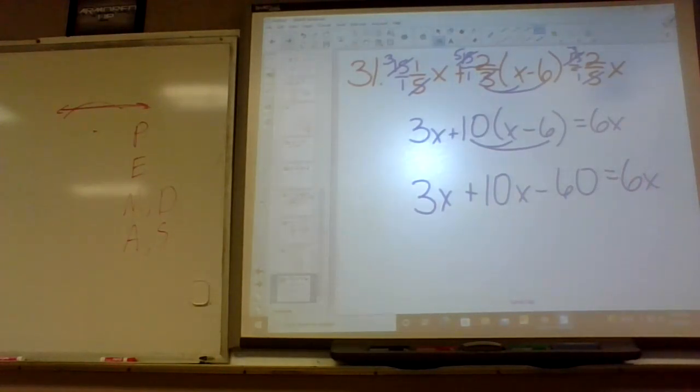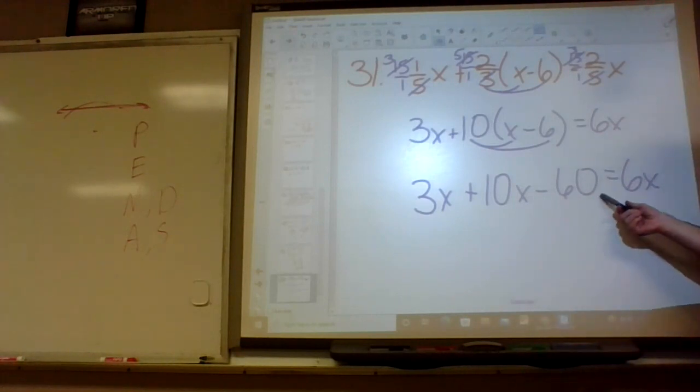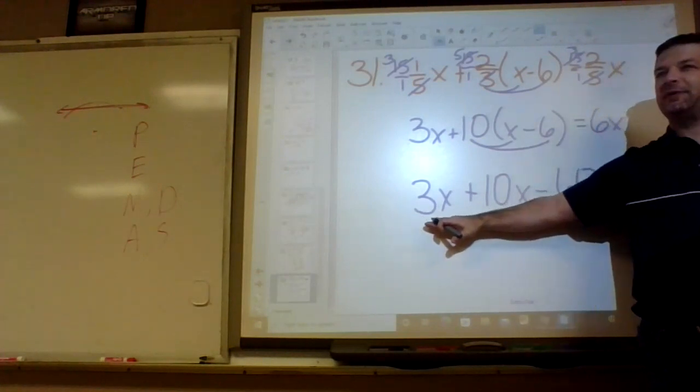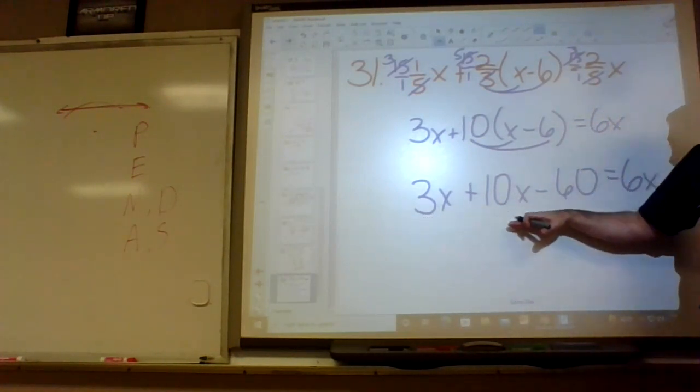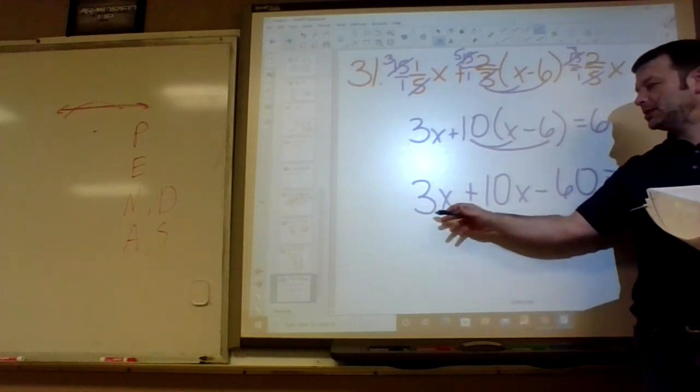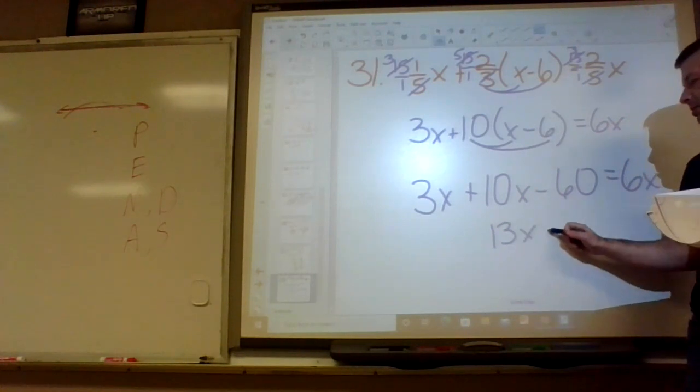Now what, Olivia? Well, not yet. We can simplify the left side, right? How can we make this simpler? Put all the x's together. So that would be 13x minus 60.